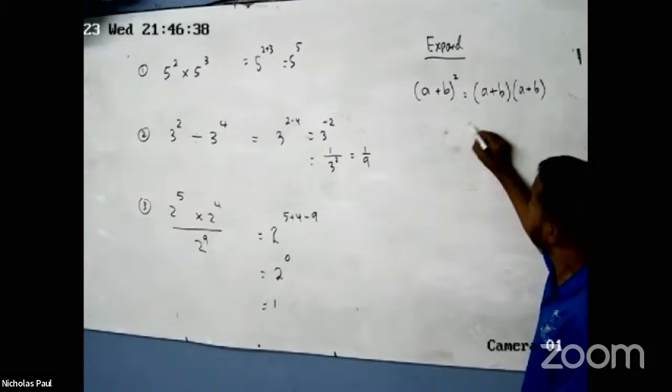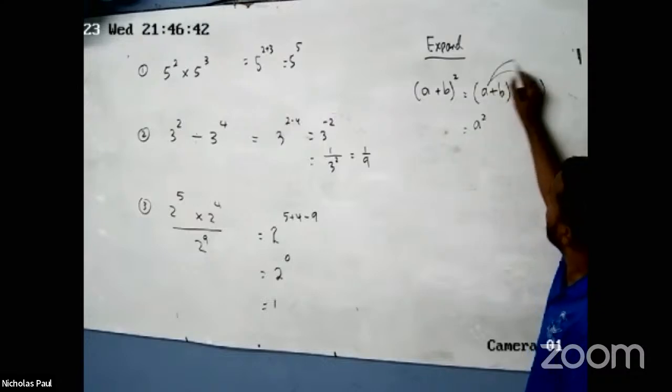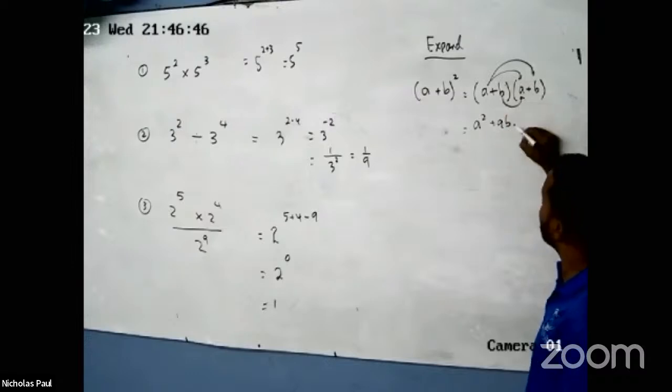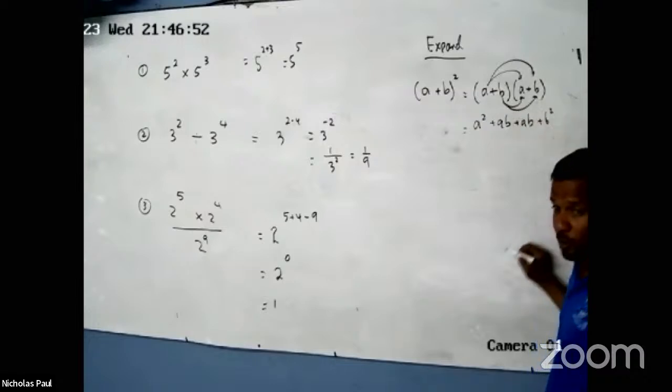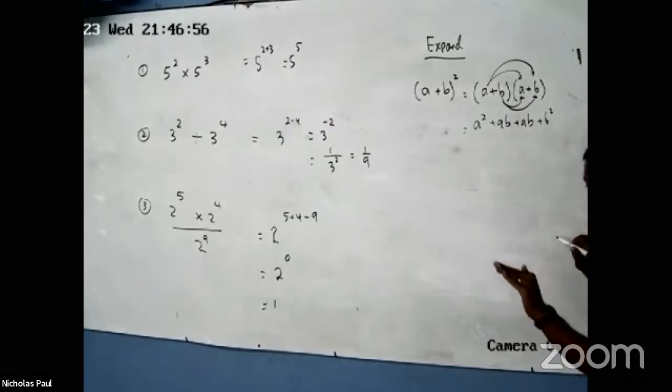Okay? So to work this out is a by a, which is a squared, a by b, which is ab, b by a, which is ab again, and b by b, which is b squared. So once you do it properly, you're supposed to get 4 terms on the first multiplication.